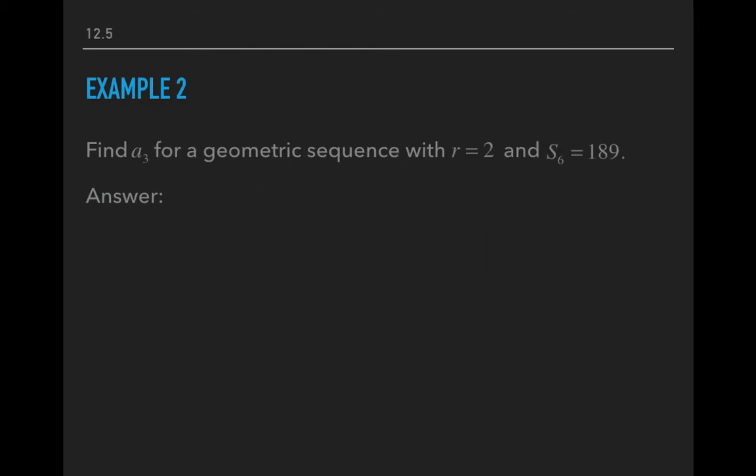All right, here's another example, a little bit different. We don't know our first term, and we're trying to actually find the third. To work with problems like this, we need to find our first term. That's required for these sums. So what we'll do is we'll plug in what we know and try and find a1.